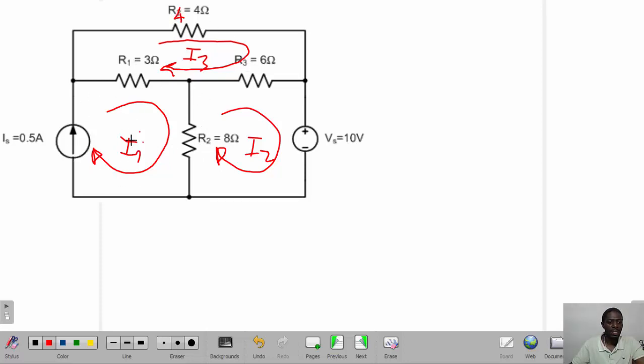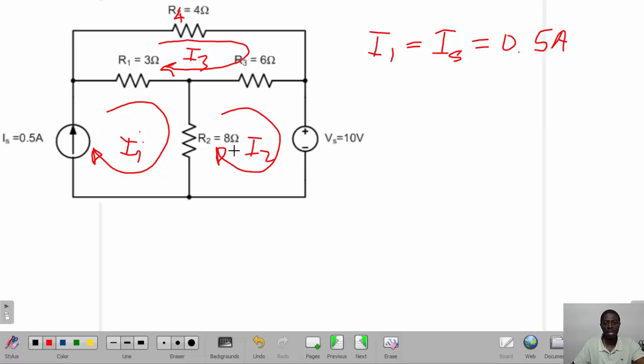And by analysis, you'll be able to tell that for mesh 1, I1 is directly equal to the source current, which is equal to 0.5 amps. So this is sorted out because the mesh current I1 is in the same direction as the current source. Therefore, this is equal to the source current.